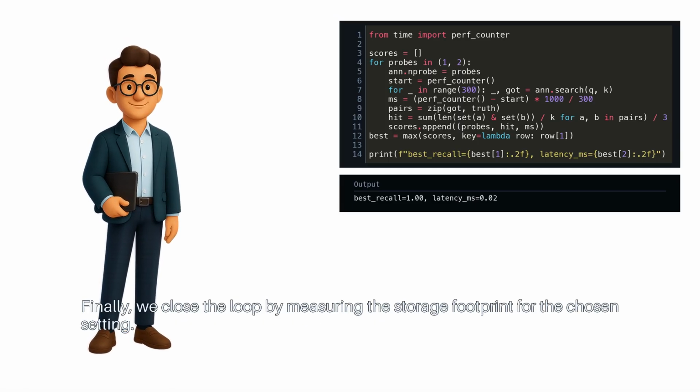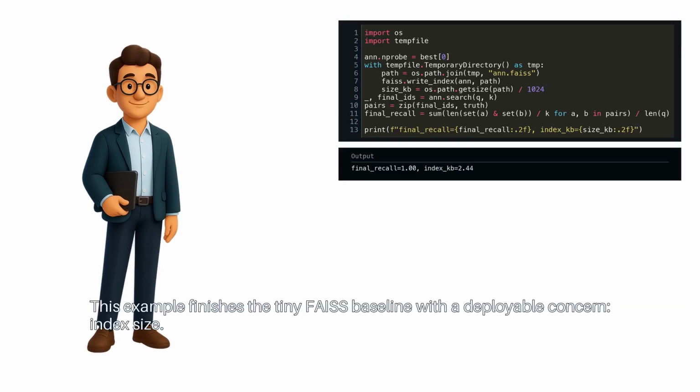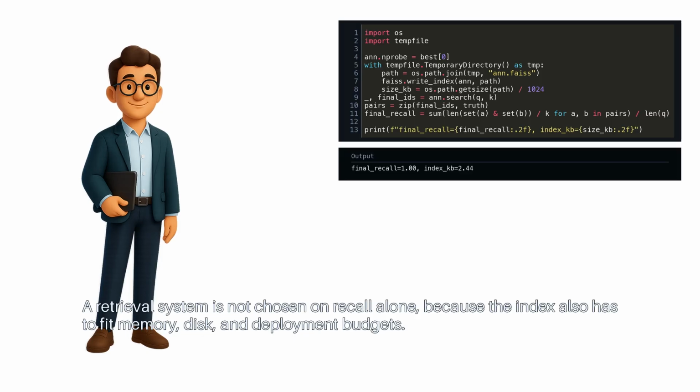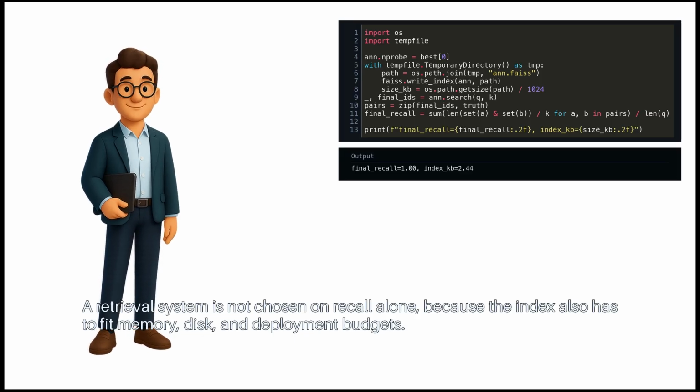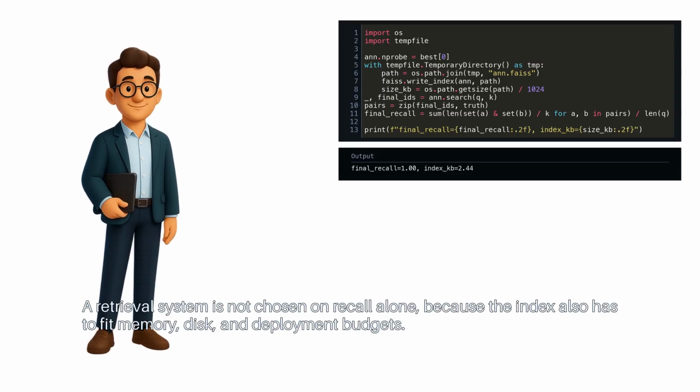Finally, we close the loop by measuring the storage footprint for the chosen setting. This example finishes the tiny FAISS baseline with a deployable concern: index size. A retrieval system is not chosen on recall alone, because the index also has to fit memory, disk, and deployment budgets.